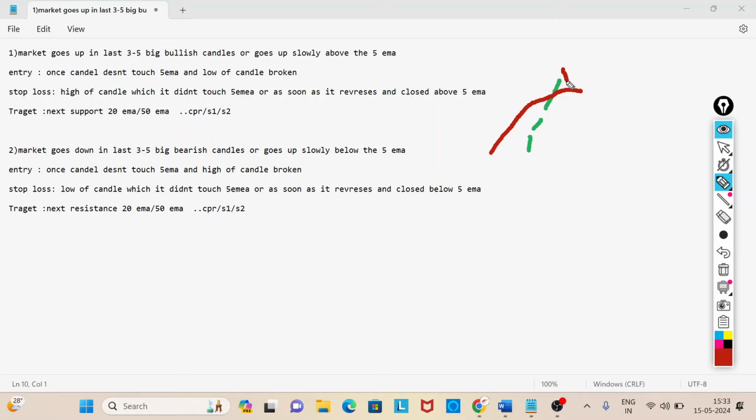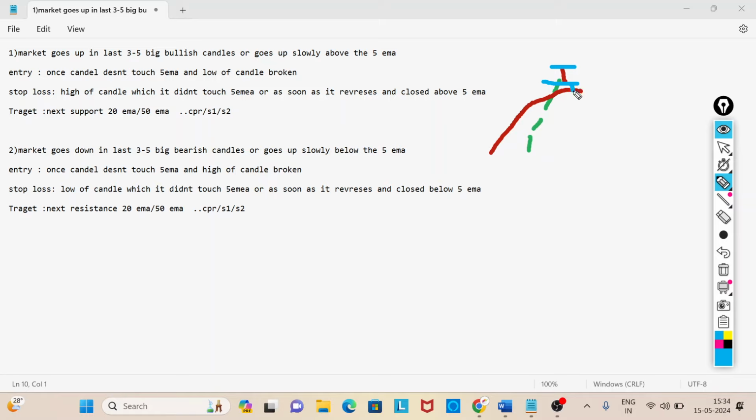Then our entry would be as soon as, okay, one minute, and one more candle forms like this, our entry would be as soon as it breaks the low of this candle, and the stop loss would be the high of this candle.